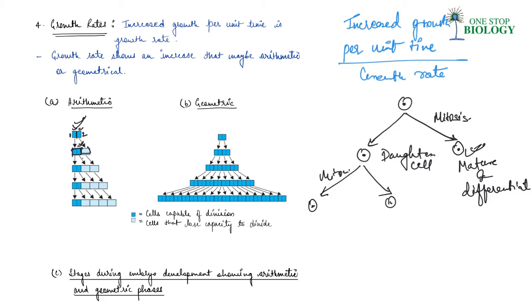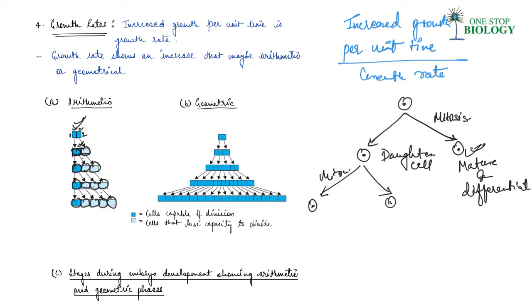Out of this, one cell will be a mature cell and will differentiate, and the other will keep on dividing. Again, out of these two, one will mature and the other will divide into two. Again, this is a mature cell, and again, this is a mature cell. This will divide into two. So one cell is going to divide further and continue to divide, while the other cell will differentiate and serve as a mature cell.